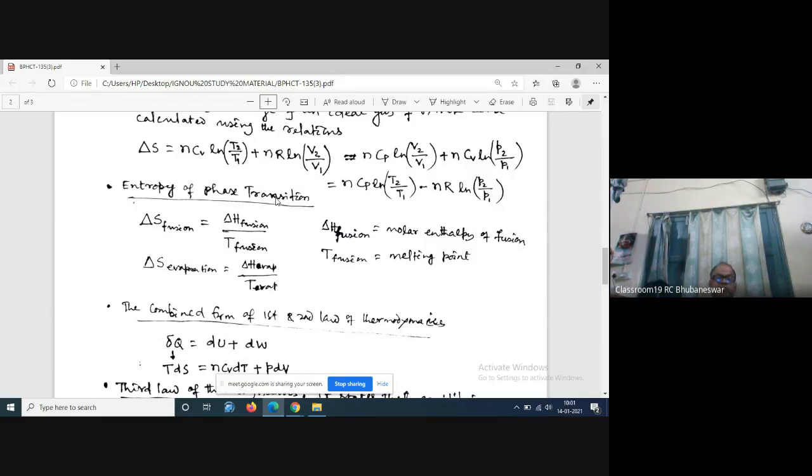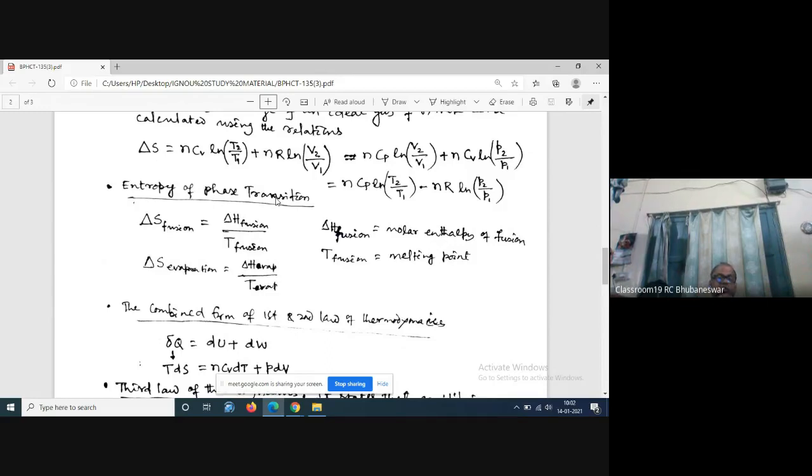When a substance converts from a solid state to a liquid state, this is called phase transition. Then solid phase to liquid phase to gas phase, or solid to gaseous phase. When solid converts to liquid, we say the process is fusion.